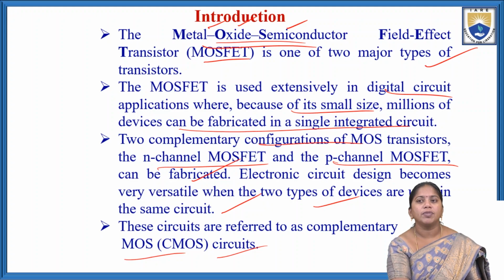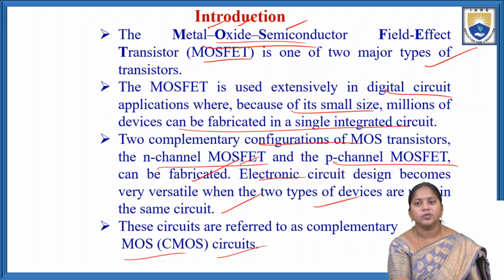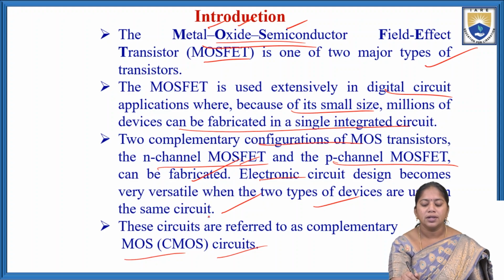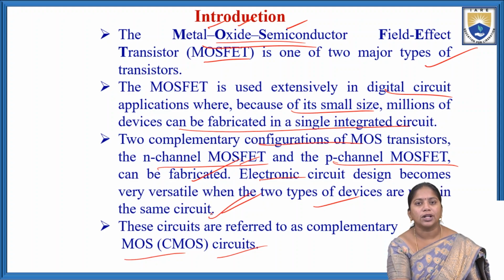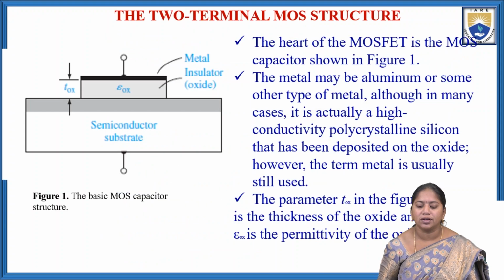The two complementary configurations are the N-channel MOSFET and P-channel MOSFET, and we can use the two types of devices in the same circuit. These circuits are referred to as complementary MOS, known as CMOS circuits.